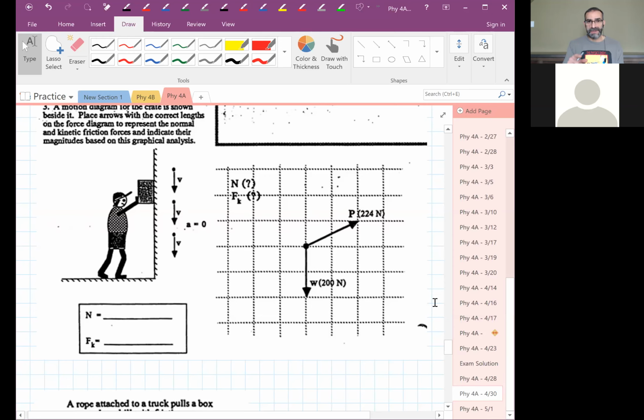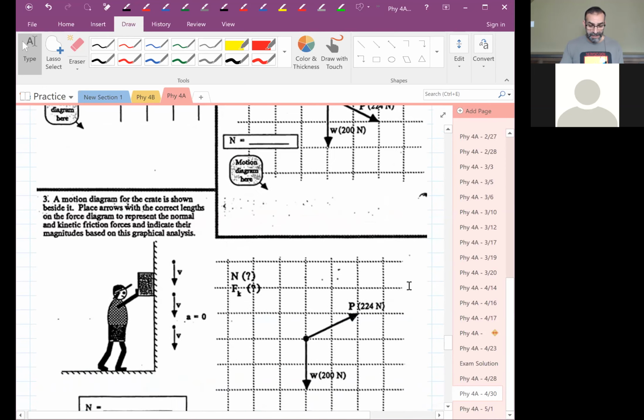Look for the module that says worksheets or handouts. There's three: Free Body Diagram Worksheet 1, Worksheet 2, and Worksheet 3. One of them is this one, and the other two we're going to do tomorrow.